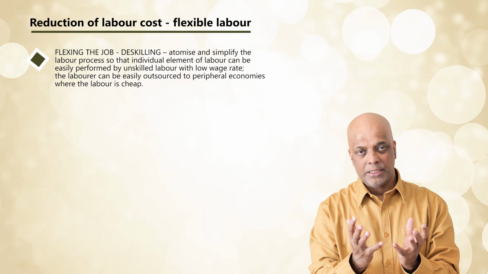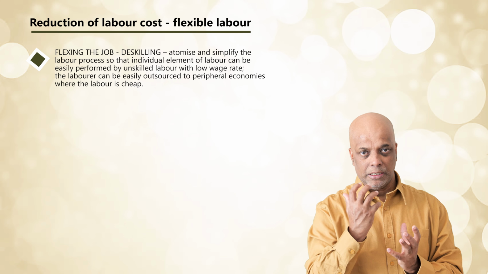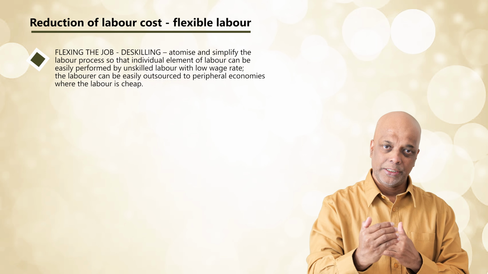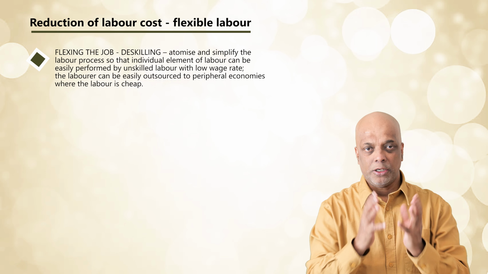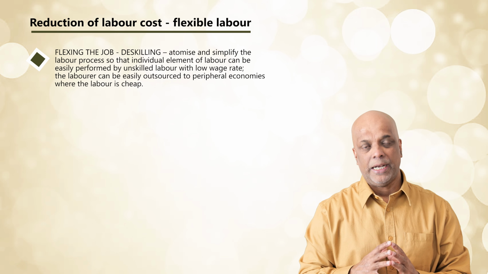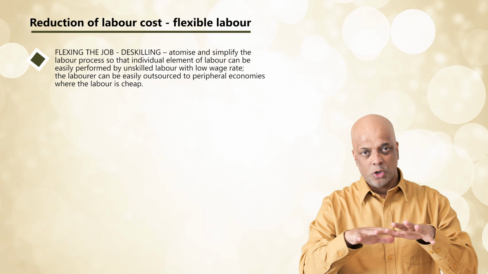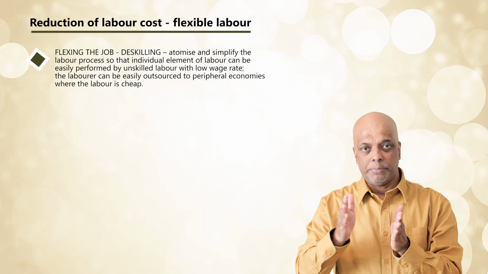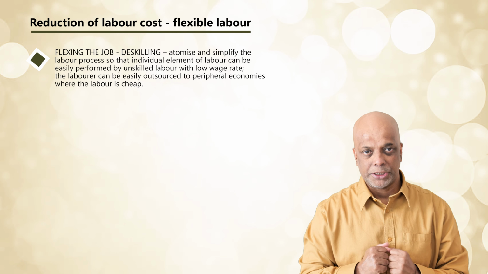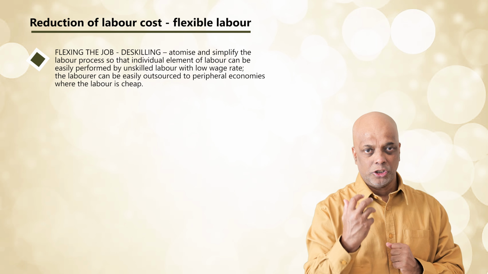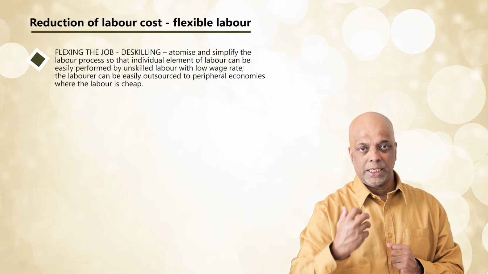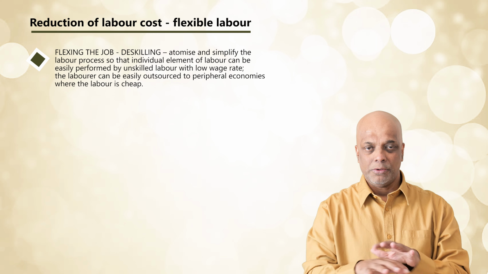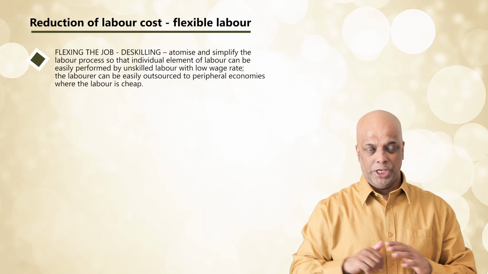Previously, we needed a particular worker with a special skill, so we had to pay a high wage rate for that particular type of labor. Now, once the job is de-skilled, once the job is divided into small tiny pieces with the help of flexible machines, that job can be carried out by a set of unskilled workers for whom we can pay a very low wage rate.